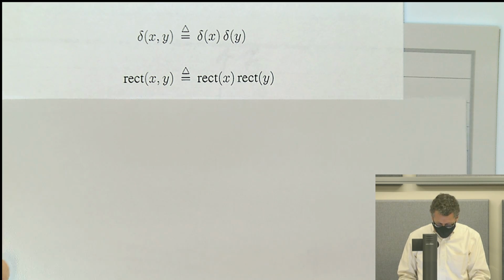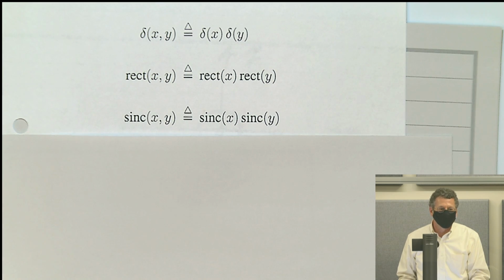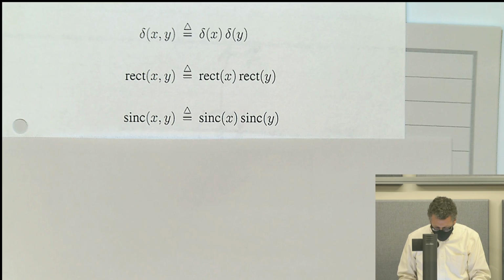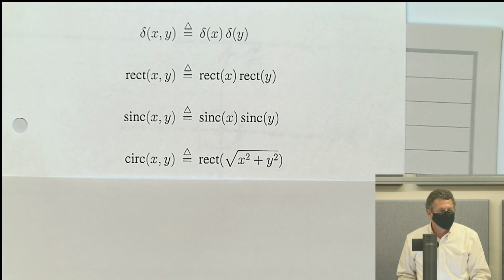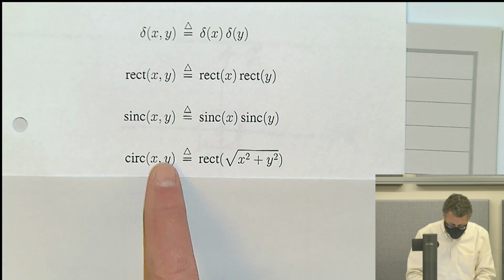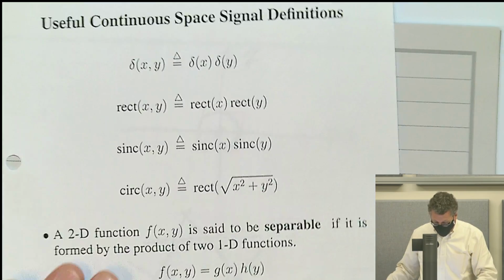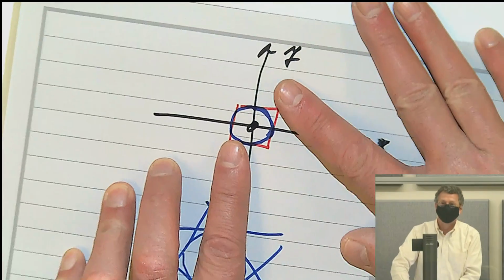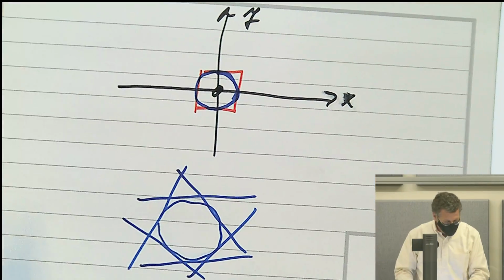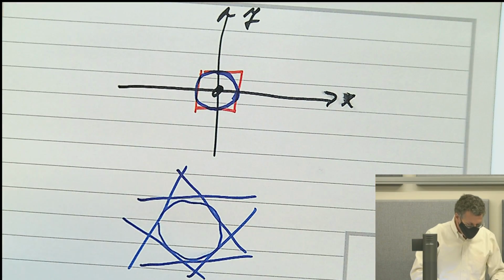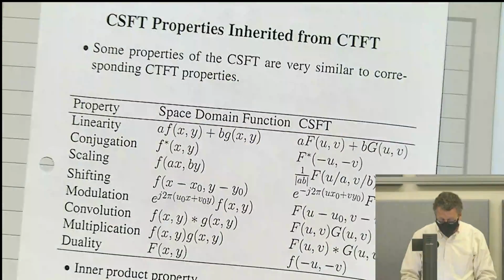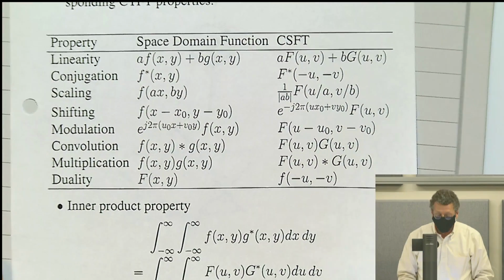Yep, separable. Is that function separable? Yep. Is that function separable? No, not separable. So this is not separable, but it's isotropic. Okay, because the circle has the property that if you rotate it, it looks the same.